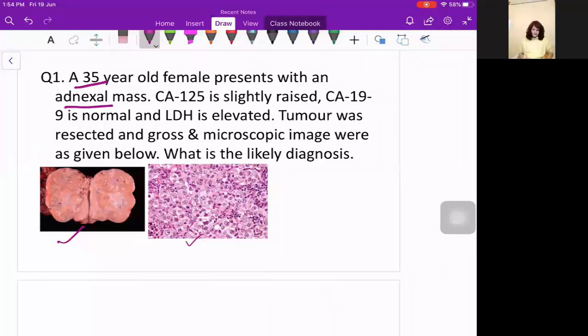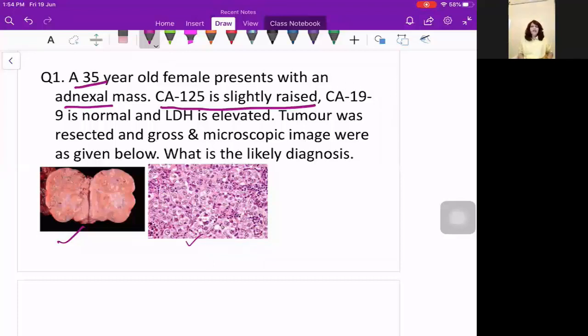This is one of the AIIMS PG questions which I am discussing. In this, one thing I would like to tell you is that in PG questions, most of the time a clinical history is given and there is always a hint in the question, which you have to grasp to mark the answer. In this question it is written CA-125 is slightly raised.